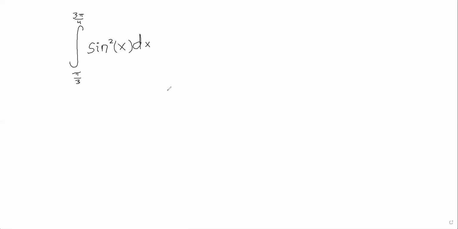I think so, but I'm not entirely sure. If we do, we would turn that into 1 minus cosine squared x. Would that help us at all? Looking at that, we could break it up into two integrals, but I think we'd have to do the same thing, and it'd be one of those loops again.